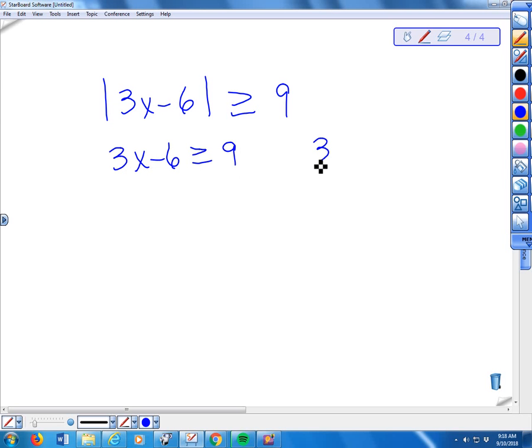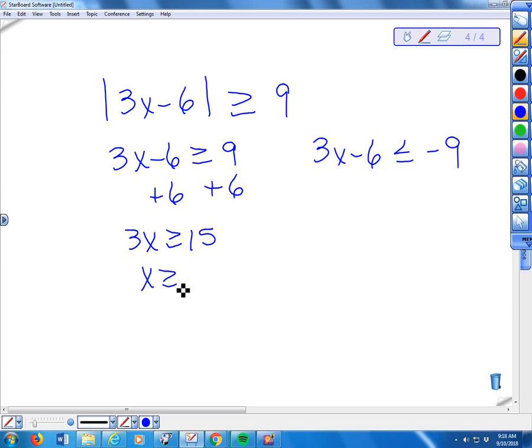Next thing I do, change the sign and make it negative. Now I'm going to solve both. -3.